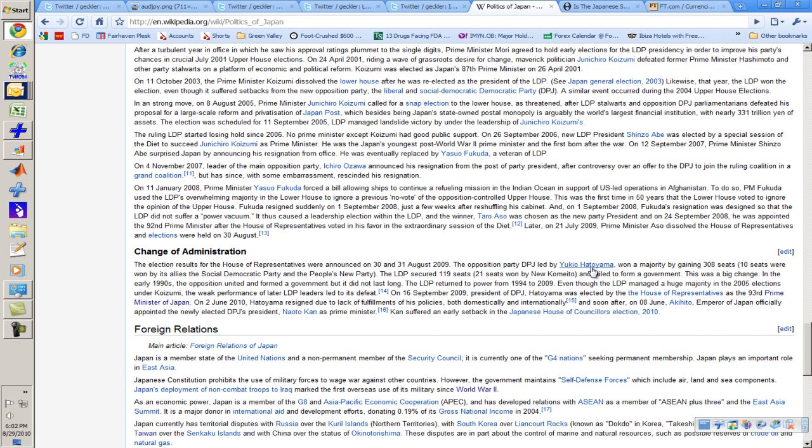But not only did that happen, a lot of the policies that he promised the electorate were not implemented. There were controversies, and he was shown to be, unfortunately, not an effective leader, and he resigned in June.